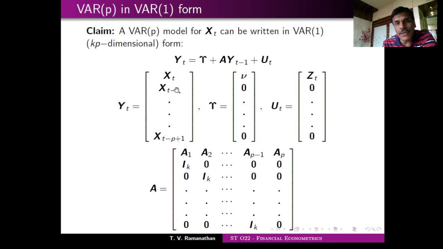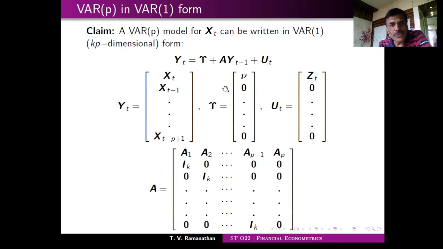So how can this be written? I am now claiming that given x_t, I will be able to write a y_t which is of the VAR(1) type, where the dimension is kp. There is a very simple way to do that. I am going to define y_t as x_t, x_{t-1}, etc., x_{t-p+1}. This has p components, and I have k dimensions for each of them, which means that y_t is kp by 1.